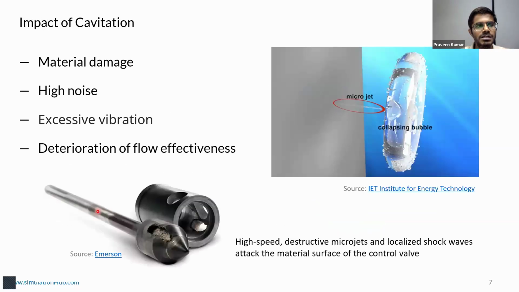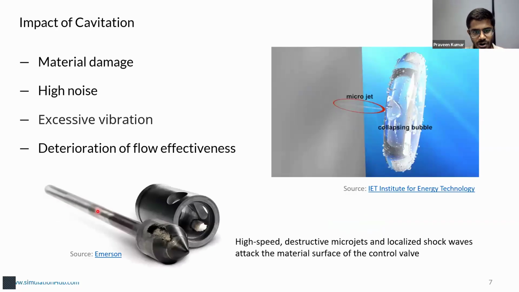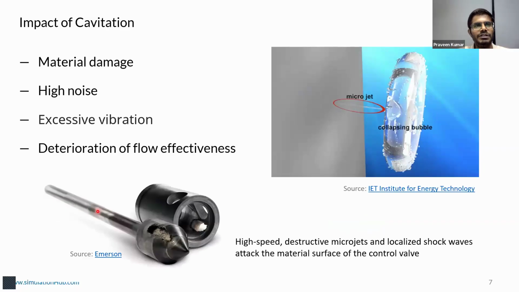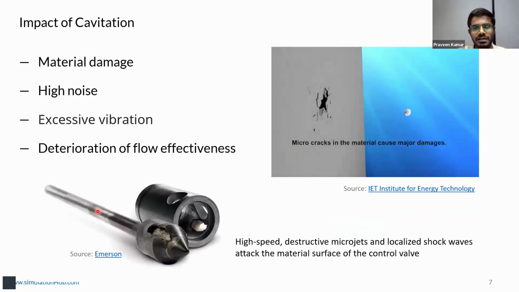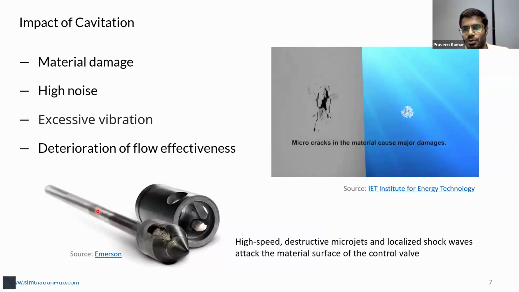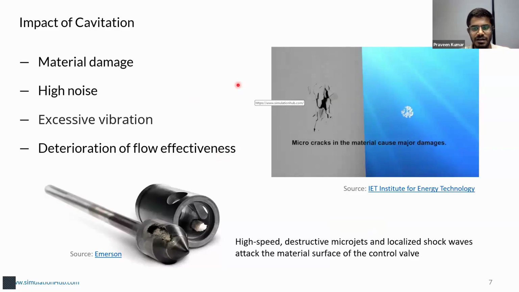What are the impacts of cavitation? First is material damage, along with noise and vibration, and that collectively reduces flow effectiveness, consumes energy, and the flow capacity starts deteriorating. This animation shows how the microjet collapses and starts damaging the surface.